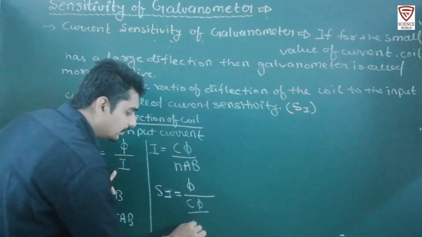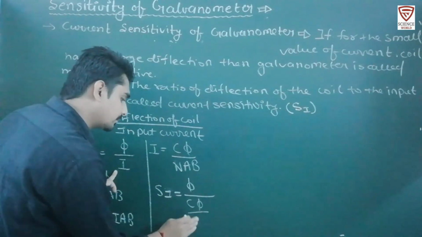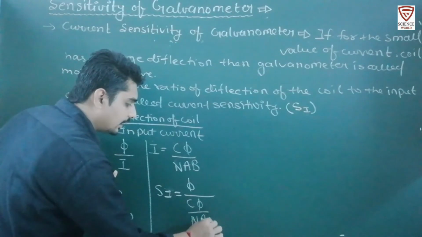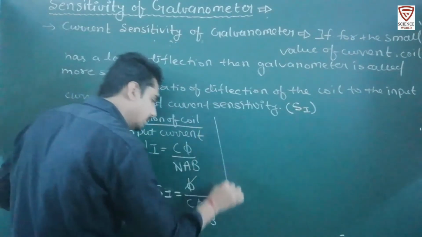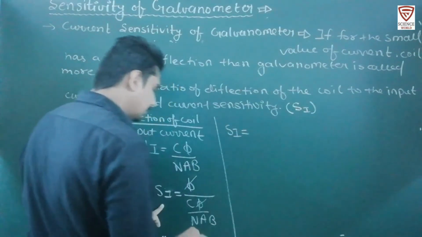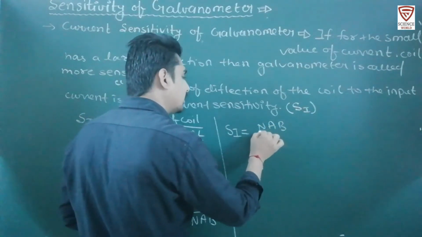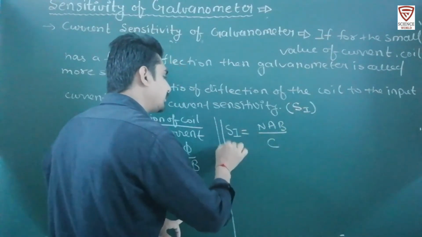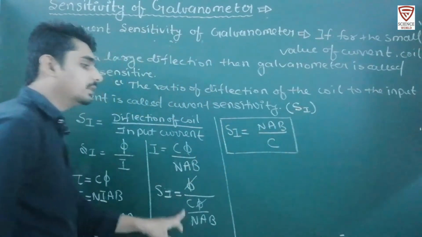C phi upon N A B. Phi is cancelled with phi. So we can write down SI is equal to N A B upon C. So it is the formula of current sensitivity of galvanometer.